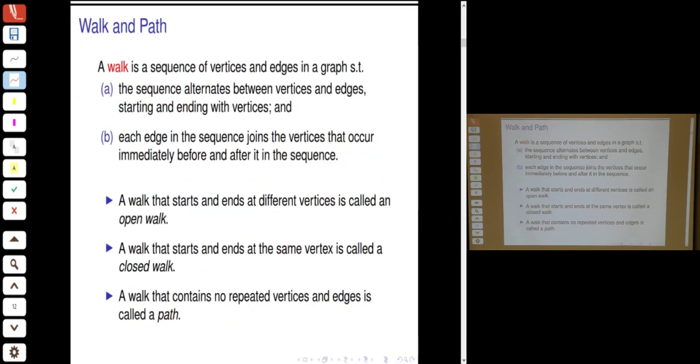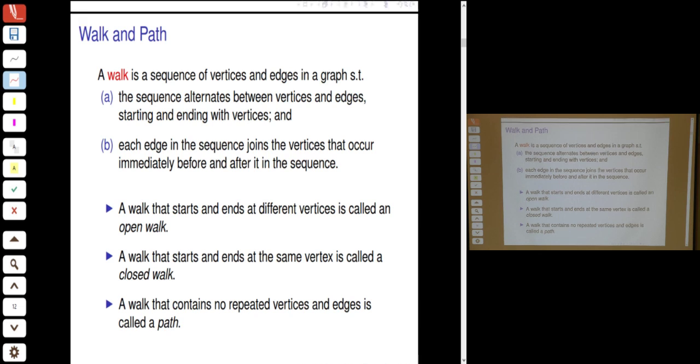A walk is a sequence of vertices and edges in a graph such that the sequence alternates between vertices and edges, starting and ending with vertices. So, you start from a vertex, traverse an edge, go to another vertex, then you traverse another edge, go to another vertex, and so on, and you end at some vertex. Okay? So, this is a walk, the natural notion of what you would think of as a walk on a graph.